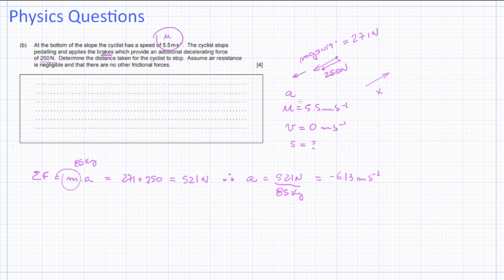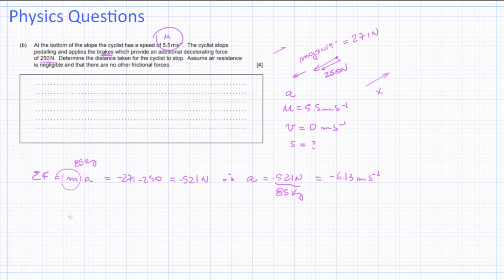Because my initial velocity has been presumed to be positive. So since my initial velocity is positive and I'm going up the slope, I'll assume that going down the slope is negative. And those forces would be negative because they are in the opposite direction of our motion or of our frame of reference. So this would be negative.